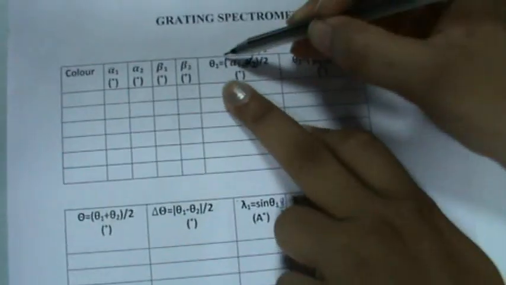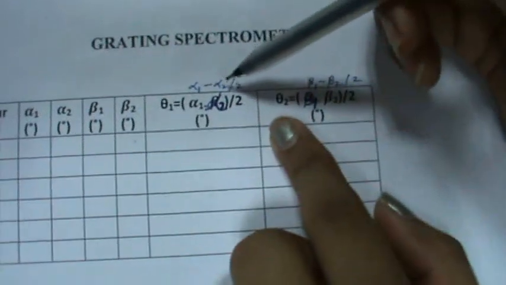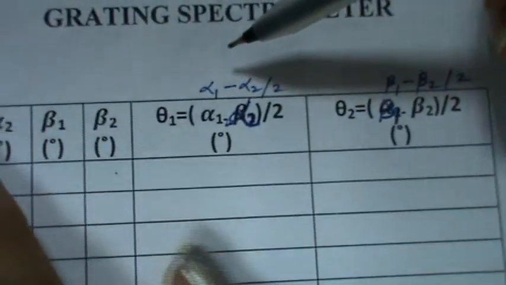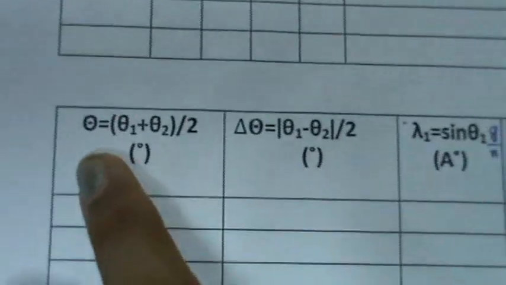After that you will calculate theta 1, the diffraction angle, which is alpha 1 minus alpha 2 divided by 2. Similarly theta 2 will be calculated, and the average of theta 1 and theta 2 will give the total theta.